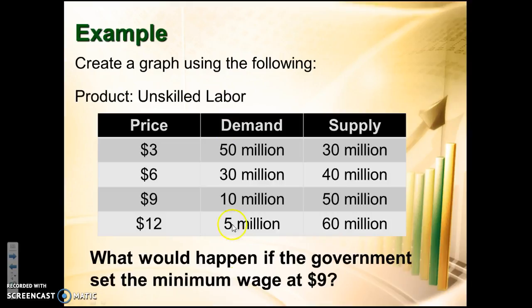If the government sets a minimum wage at $9, and remember a minimum wage is a price floor, then I can tell you this is going to create a surplus of workers. We're going to have 40 million extra workers. Again, you need to graph this and figure out where I got that 40 million. You need to be able to read this from a graph.